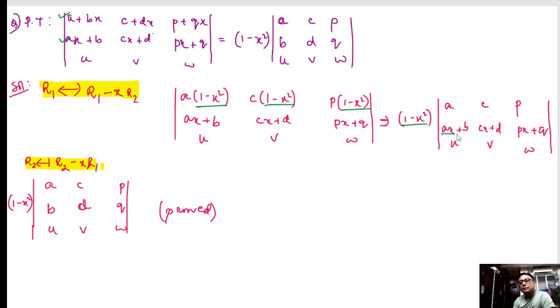So from this we will subtract x times this, which is a. From this we will subtract x times this, which is c. And from this we will subtract x times this, which is p. So see, here we got our determinant, which is equal to this.